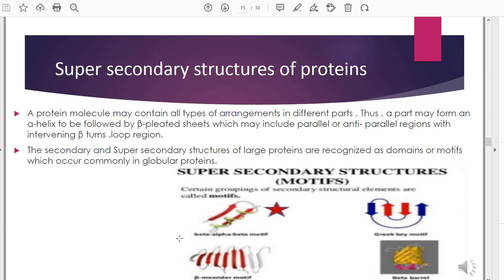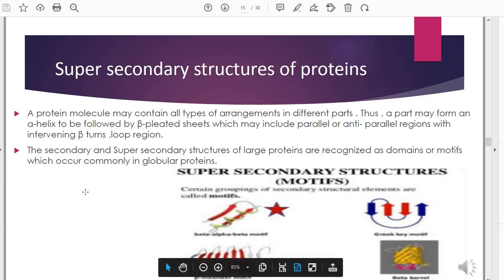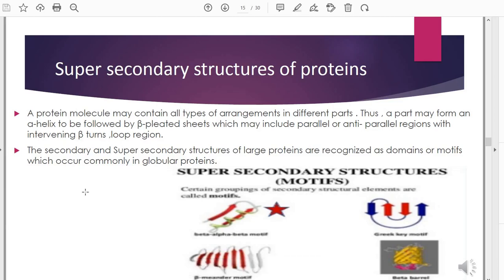Let's see the types of the super secondary structures or motifs. They contain more than one type of secondary structure, forming secondary structure elements called motifs. The first one on the left is the beta-alpha-beta motif. Look at this: it's a beta strand, then a turn or a bend, an alpha helix, and another beta strand.